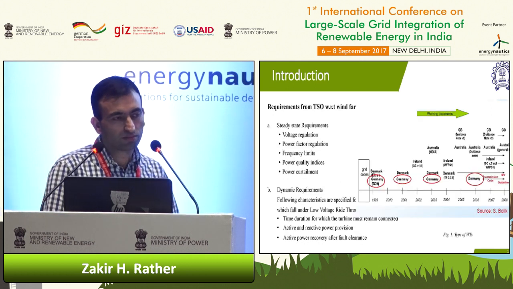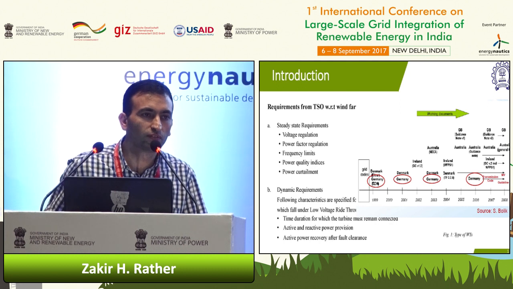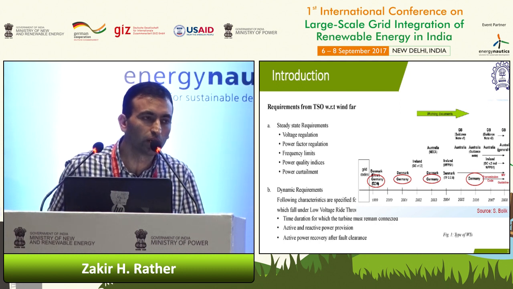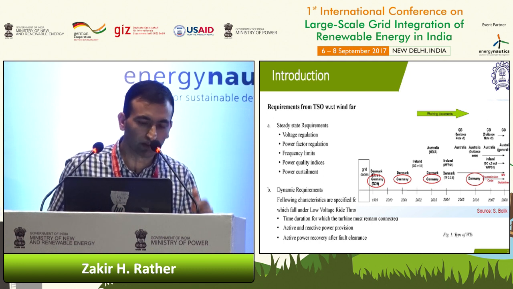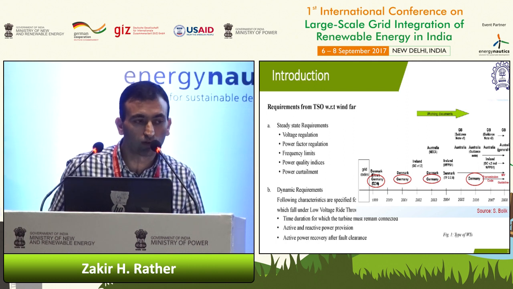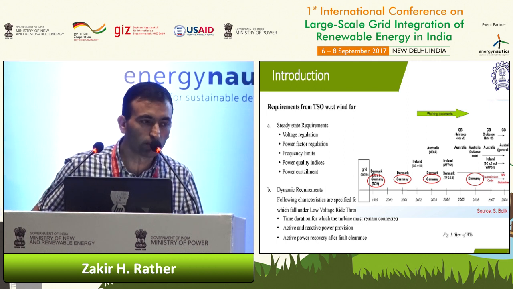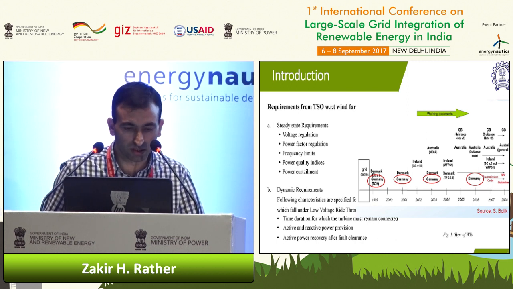To specify more about this requirement of LVRT, it can be divided into two subsections. One is steady state requirement, one is dynamic requirement. Steady state requirements include reactive power support, voltage control, or other controllers, for example, FRT, frequency ride through, as well as power quality indices.